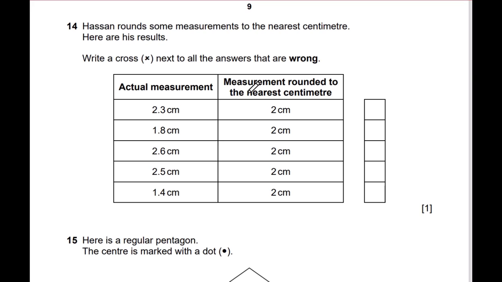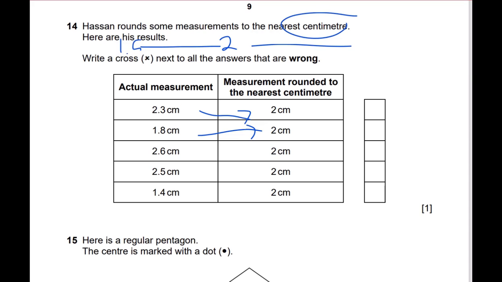Right, guys, let's start the discussion. This 2.3 is less than 2.5, so it should be okay. 1.8 is more than 1.5, so actually 2, to the nearest centimeter, means between 1.5 and 2.5.